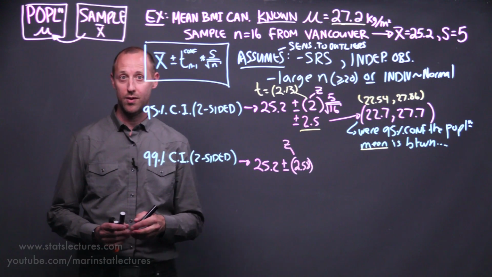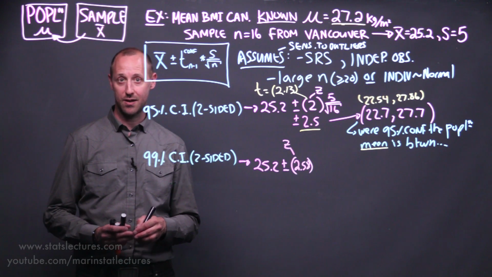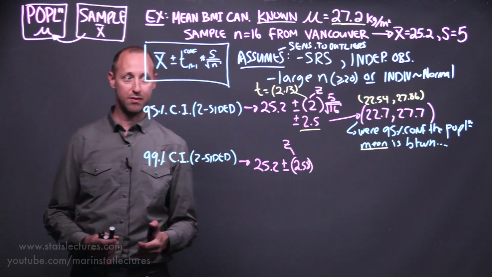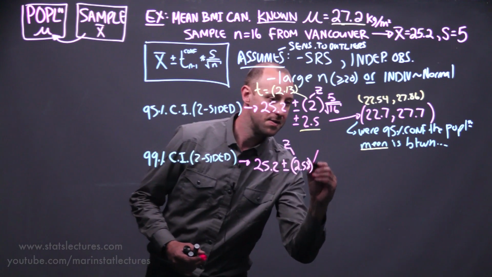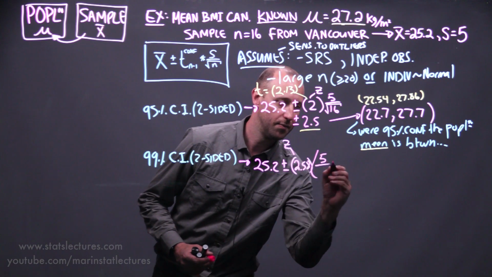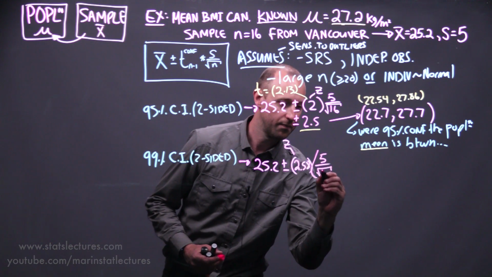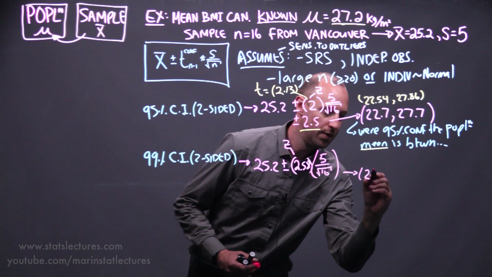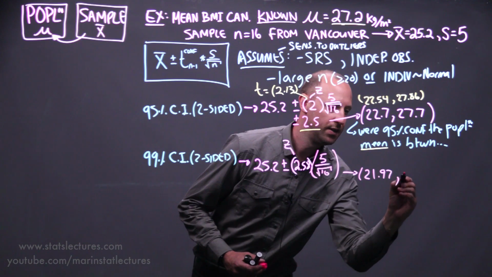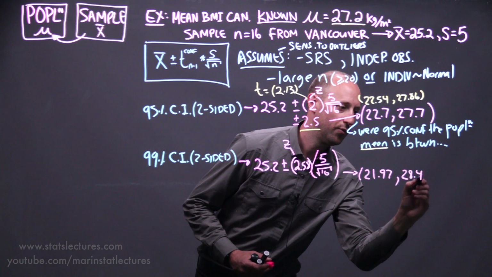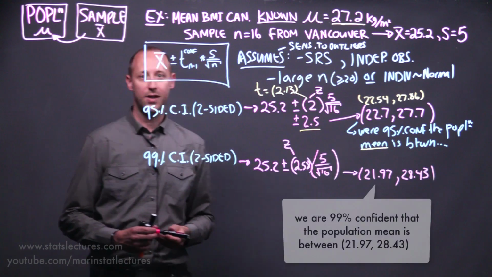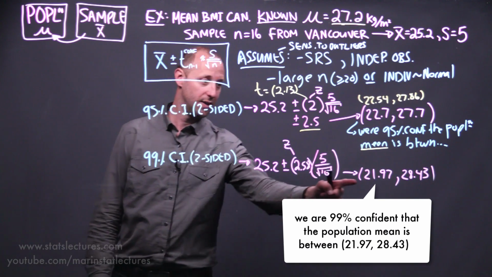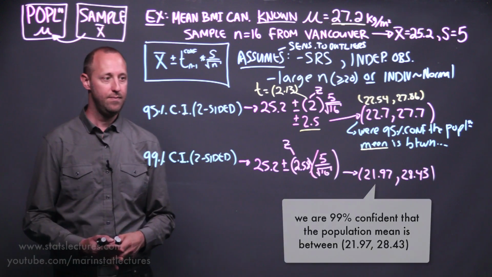So for normal, approximately 99% of observations stay within plus or minus 2.58 standard errors of the mean. Again, multiply by the standard error, and we're going to end up with the interval 21.97 to 28.43. And here we'd say we're 99% confident that the population mean is within this interval here.